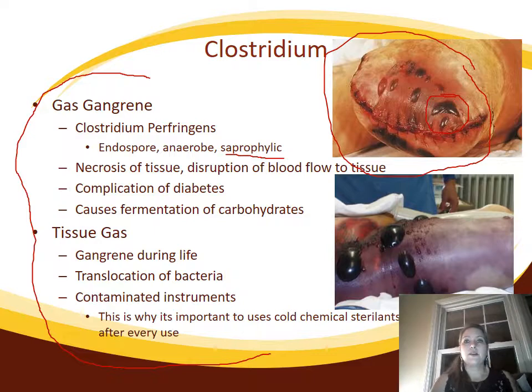Gangrene happens during life. After death, when the same type of thing happens, you end up with tissue gas. And it's caused by that translocation of bacteria and can be spread quite easily through contaminated instruments. Now, this is possibly one of the worst cases of tissue gas I've ever seen. I mean, these are some huge pustules.